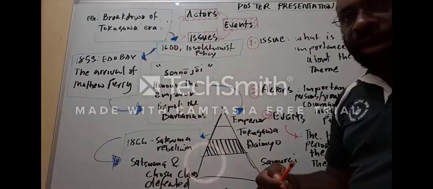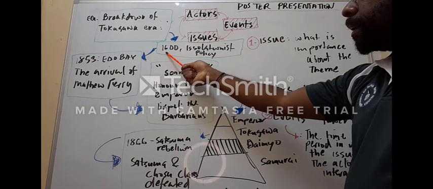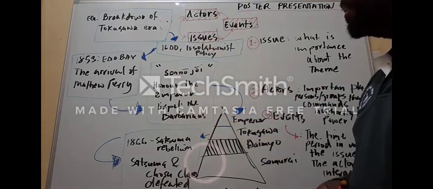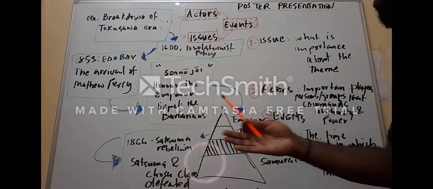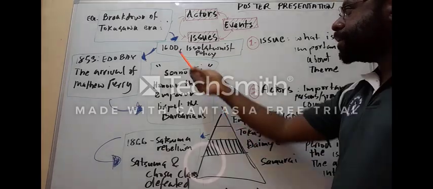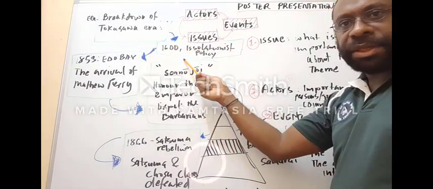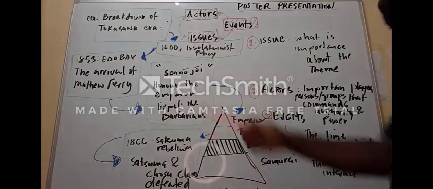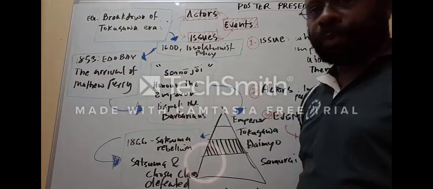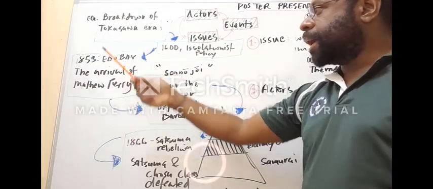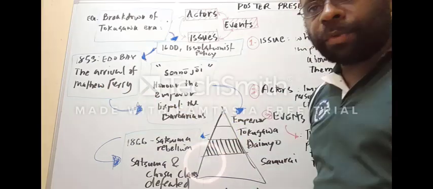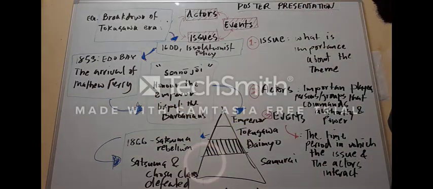First of all, in the reading, the start of the breakdown of the Tokugawa started around the 16th century during the isolationist policy of Japan. Then in 1853, we have the arrival of Commodore Matthew Perry in Edo Bay, Japan.